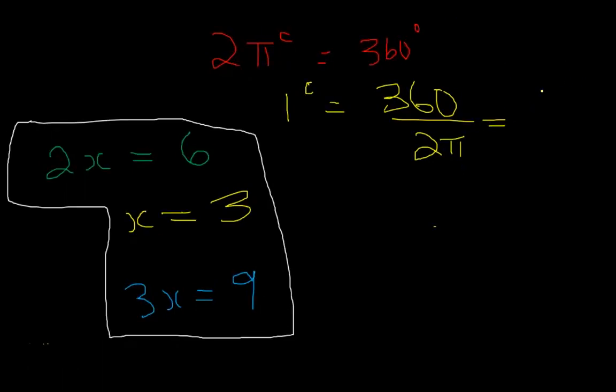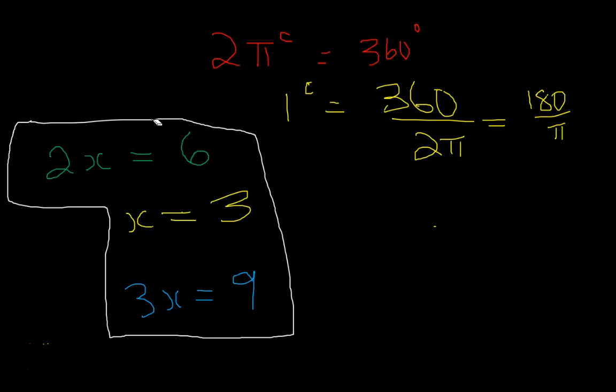Which reduced to 180 on pi. That's why we say, if I want to convert from radians to degrees, this is what I multiply by.